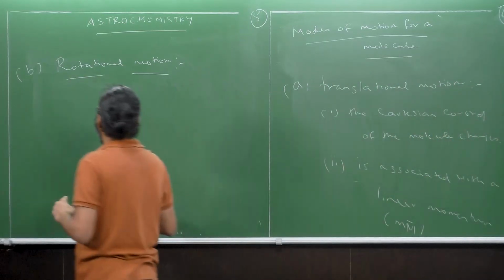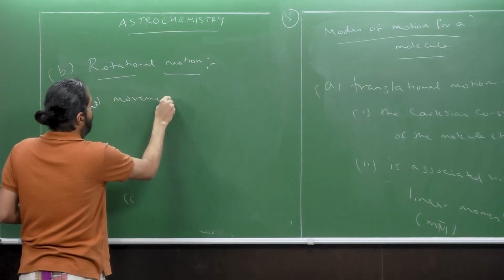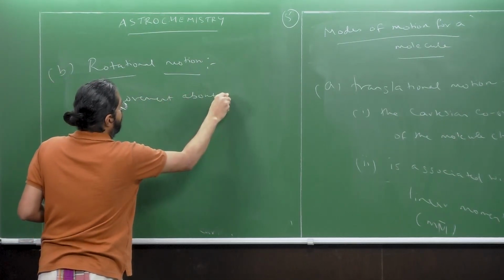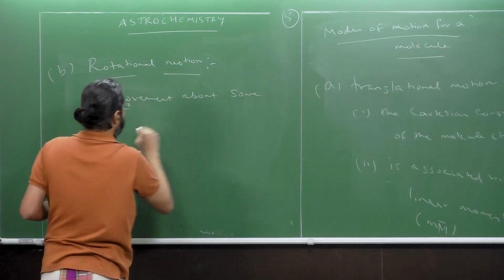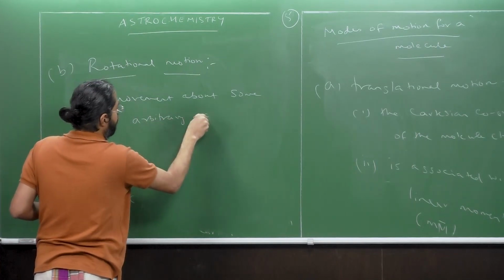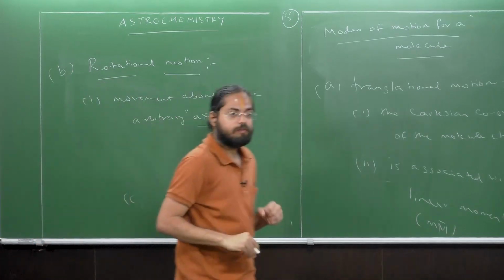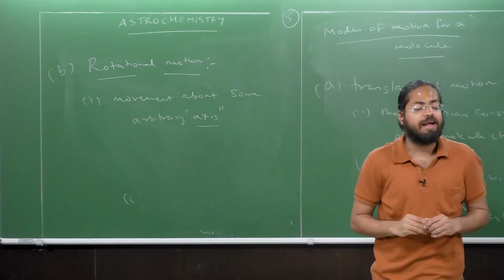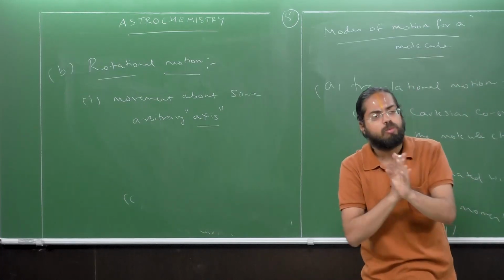So by rotation, I'm talking about movement about some arbitrary axis. And what is an axis itself? An axis is nothing but some imaginary line about which the motion happens.